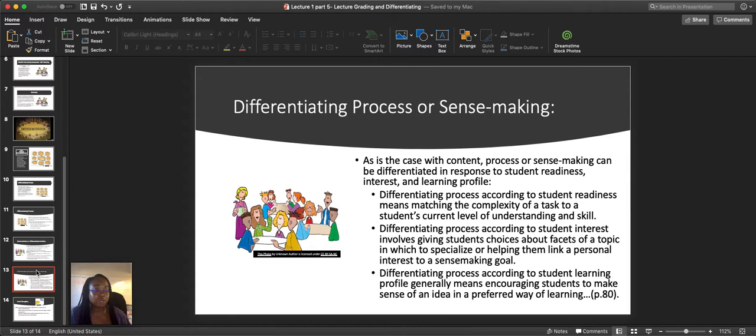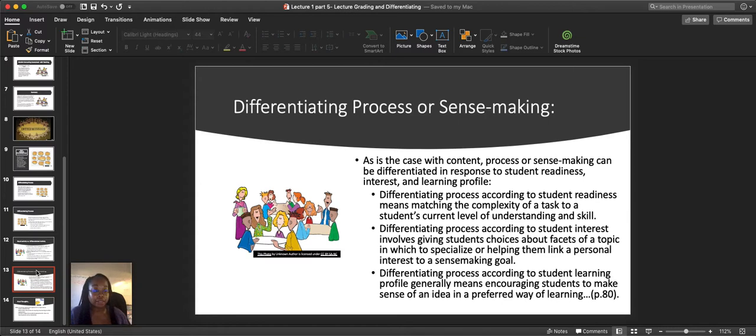That's the interest part, making sure that it relates to them, and realistically, their filters are pertinent to the things that are relative to their lives. If you're not connecting it to them personally, it's going to be really hard for them to integrate the new knowledge into previously learned knowledge.